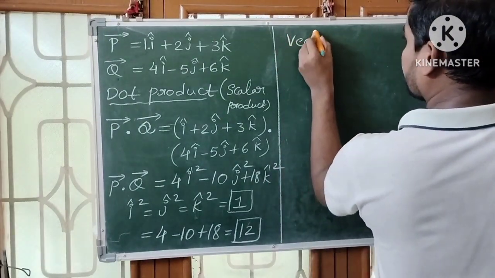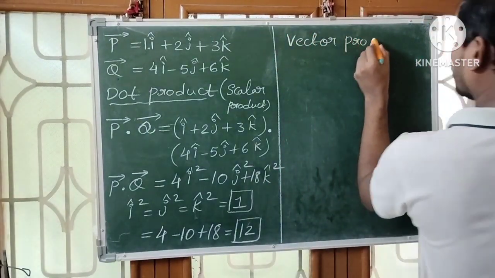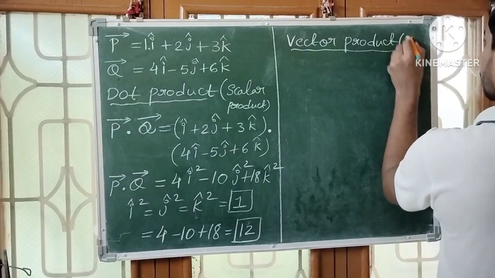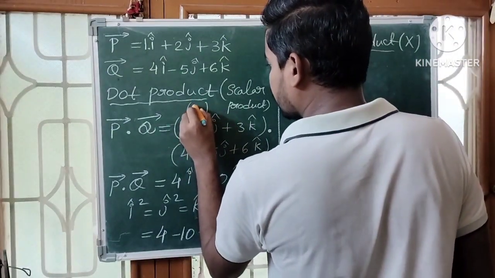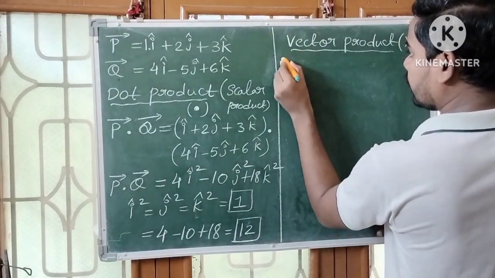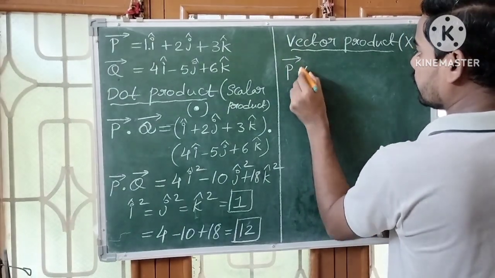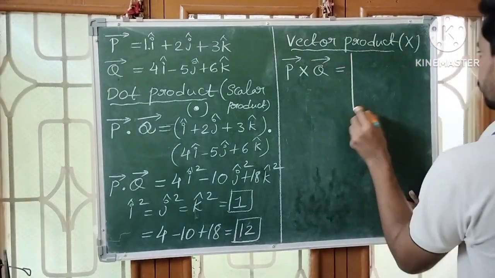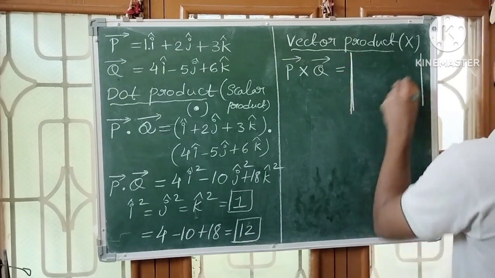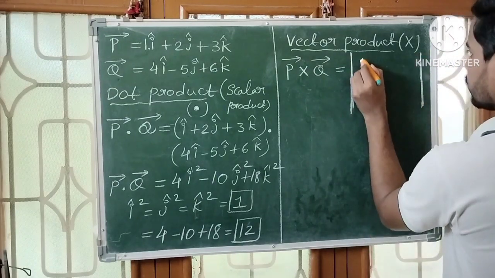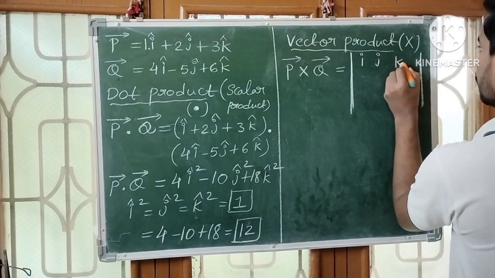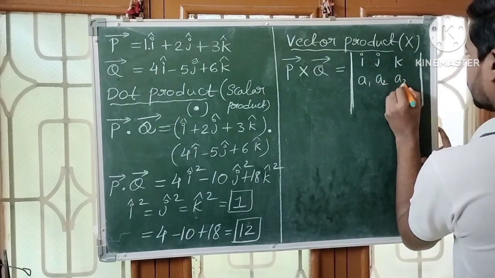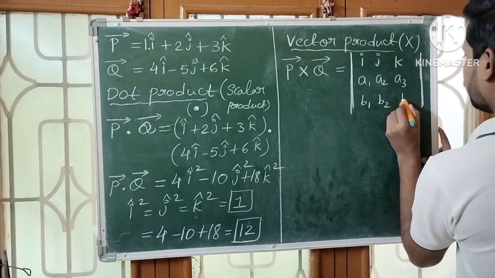Next, we need vector product. Vector product is denoted by cross and dot product is denoted by dot. So vector product of two vectors P and Q is equal to the determinant of i, j, k, a1, a2, a3, b1, b2, b3.